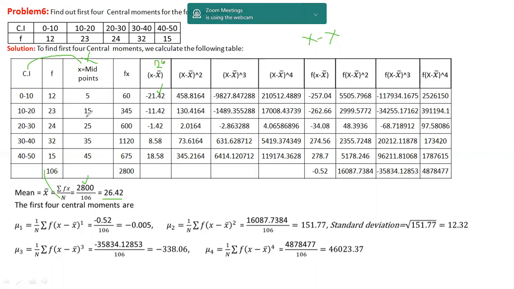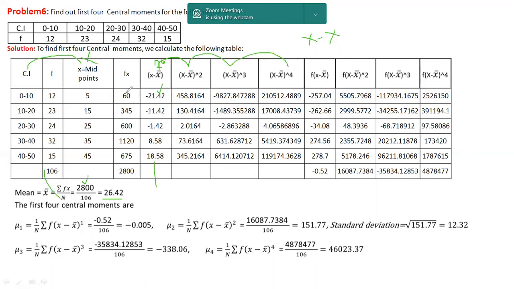So 15 minus 26.42 is minus 11.42, and 25 minus 26.42 is minus 1.42. Like that we get the deviations from the mean value, 26.42. Again doing the same thing, taking the square of this column, then the cube, then the power of 4, we get 4 columns.